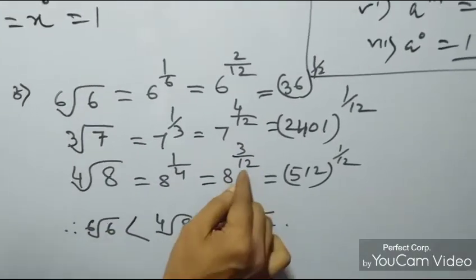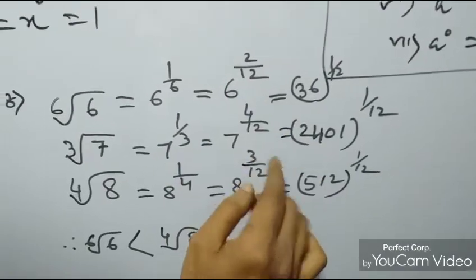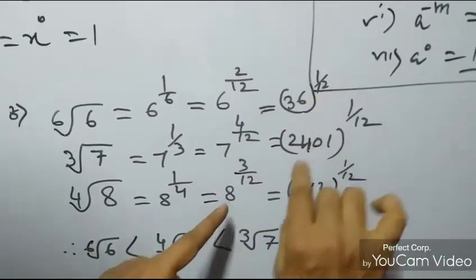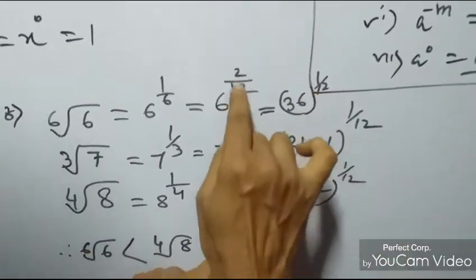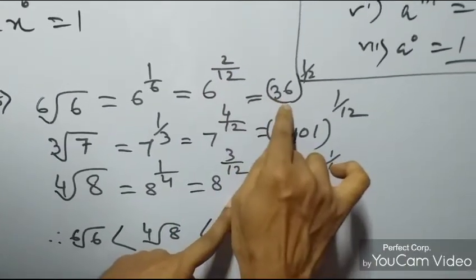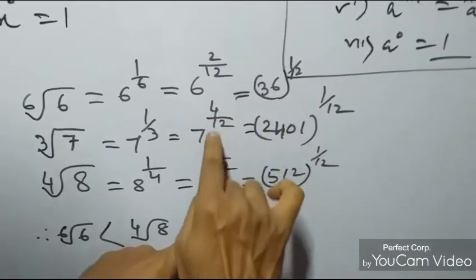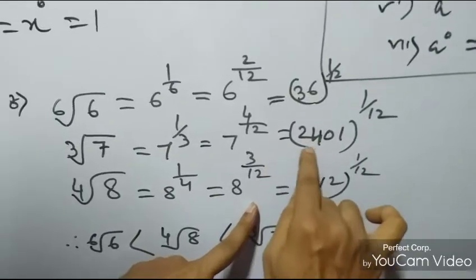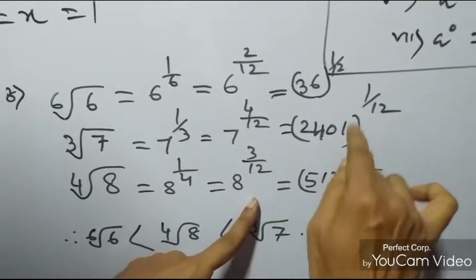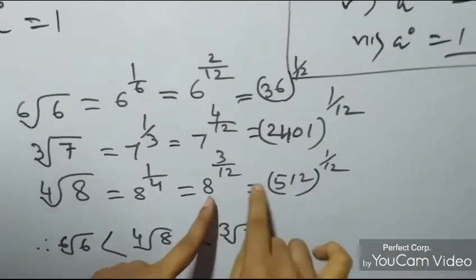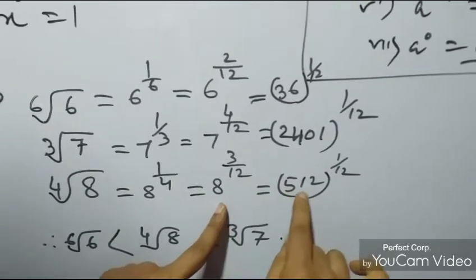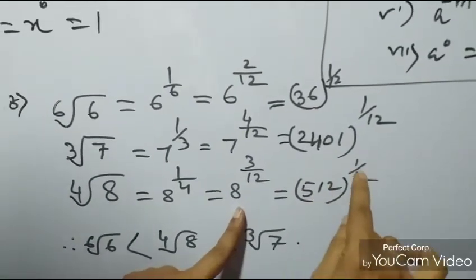Now here the denominators are same, now we can just put this denominator along with this 1 over here everywhere, that is 6 square, it is coming 36. 7 to the power 4 equal to 2401, to the power 1 by 12, and 8 cube is 512 to the power 1 by 12.